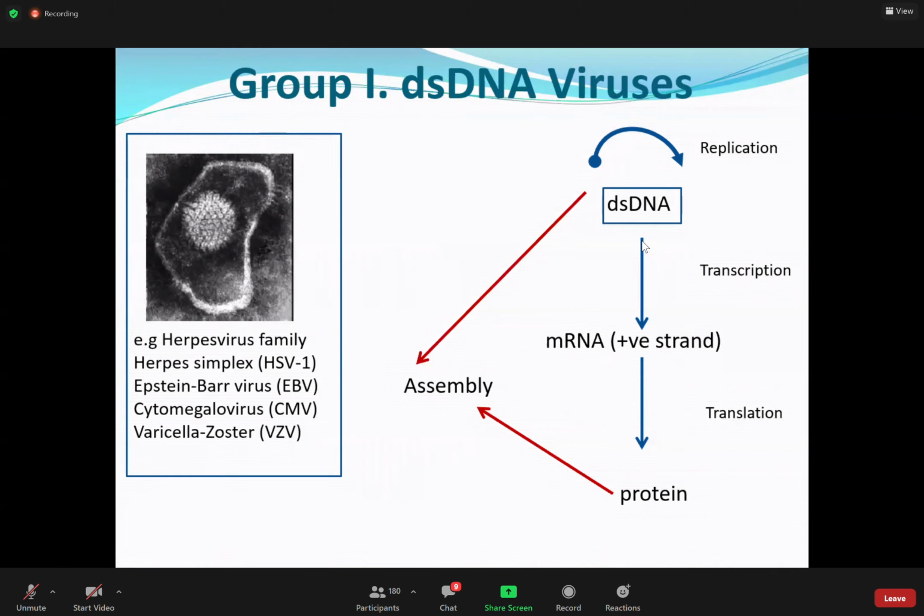Herpes simplex is transmitted by kissing, and there are two types. Herpes simplex 1 causes the cold sores I was talking about. Herpes 2 causes genital warts, which is caused by sexual contact.